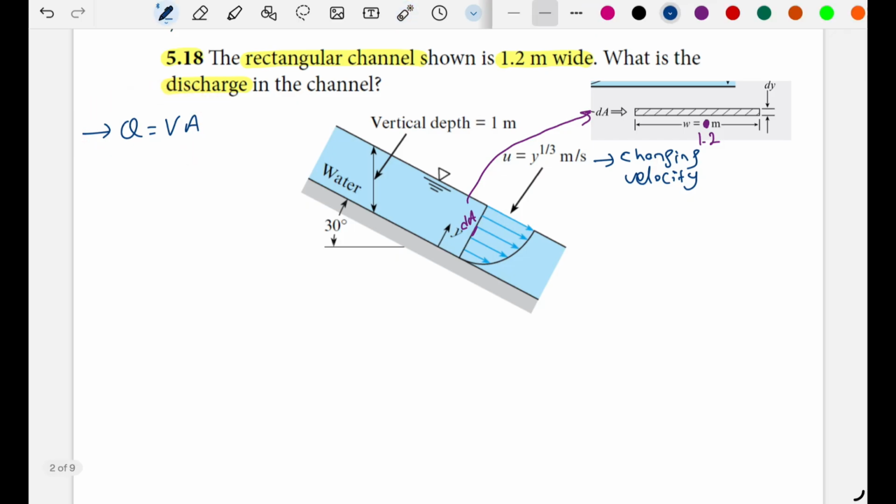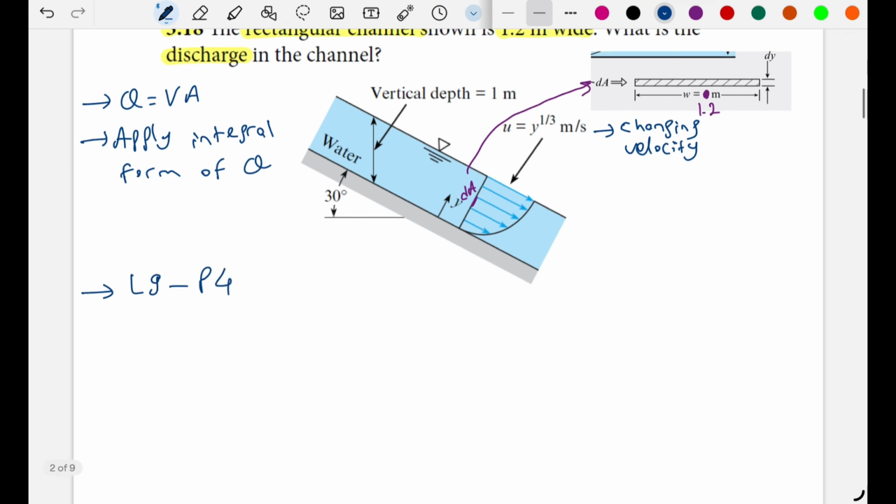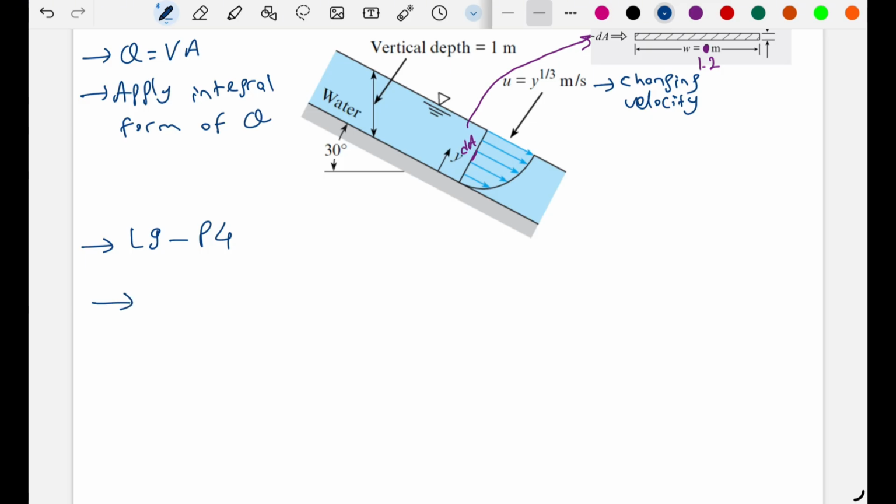So we need to apply the integral form of flow rate. You can also get more information about this equation on the slides, lecture 9, page 4. So the integral form of flow rate is Q is equal to the integral, and let's say this is from initial depth to final depth.